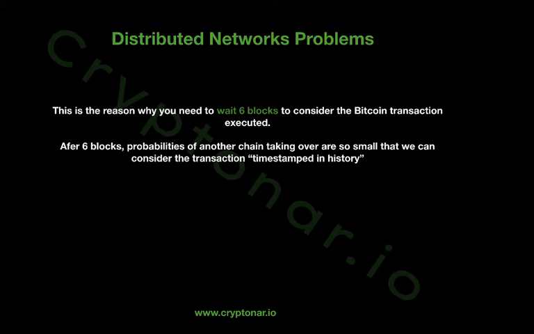Because after 6 blocks, probabilistically, it's extremely improbable that there is a chain reorganization, because this probability goes down exponentially. So after 6 blocks, you can say the transaction has been timestamped in history.